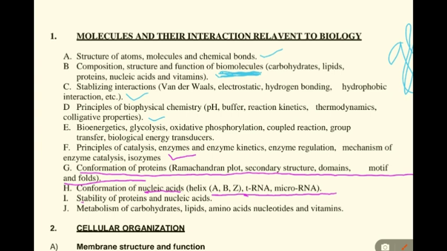Next about the stability of proteins, their various solubility conditions at various temperatures, at various pH, and their absorbance in a spectrophotometer, all these we will be studying. Next about the metabolisms of these biomolecules. It includes carbohydrates, lipids, amino acids, nucleotides and vitamins.